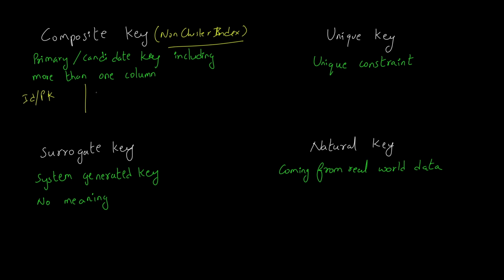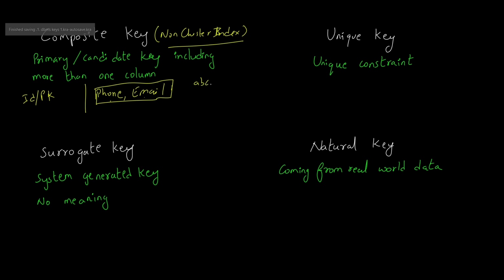Now I want to change something. I want to make the phone and email, a combination of these two, a key. A combination means that for each and every record this combination will be unique.